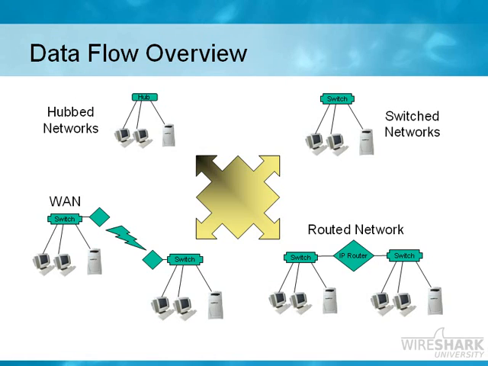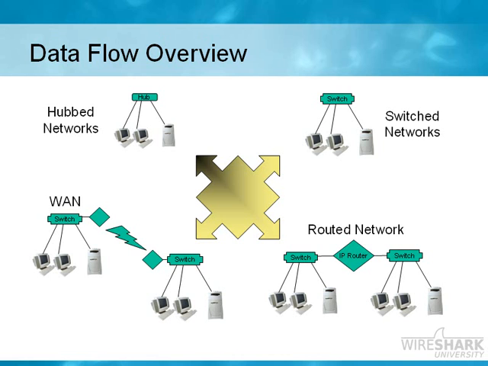When you're going to use an analyzer to troubleshoot network performance, you always need to keep in mind how the data is flowing. And when you decide where you're going to tap in, you have to consider what's visible to you. For example, in a hubbed network, everything goes everywhere, but we don't often find hubbed networks out in the corporate world. In a switched network, we have to take into account the fact that only certain traffic will flow down our port.